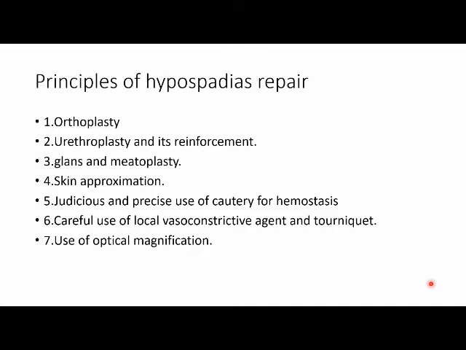Another basic dictum which we should follow in a hypospadias repair is judicious and precise use of electrosurgical unit for hemostasis. Then there must be careful use of local vasoconstrictive agent and tourniquet, and ischemia time shouldn't cross 50 to 60 minutes. And always for a precise procedure, there should be use of optical magnification ranging from 2.5 to 3.5x.